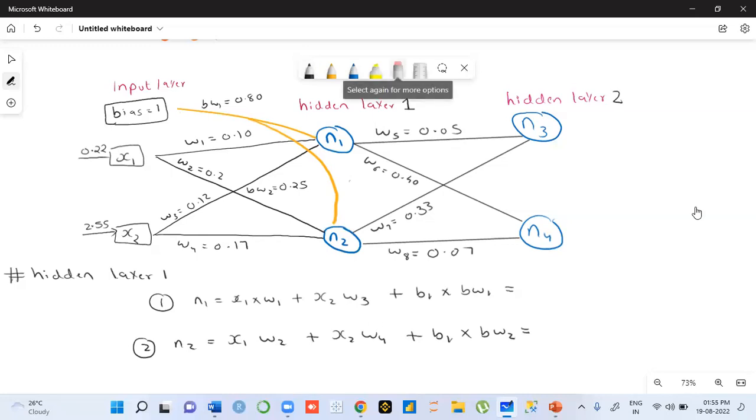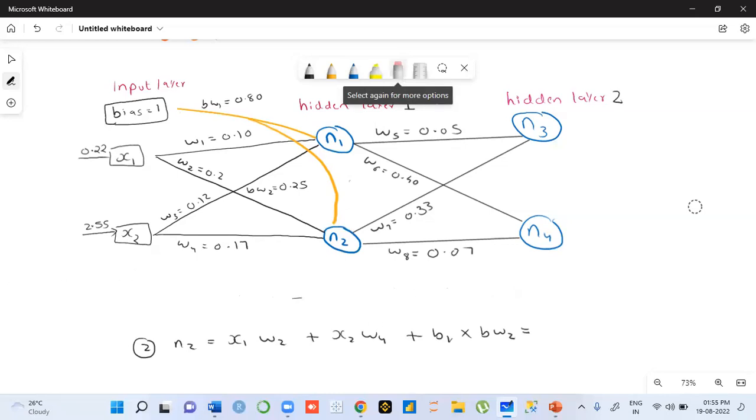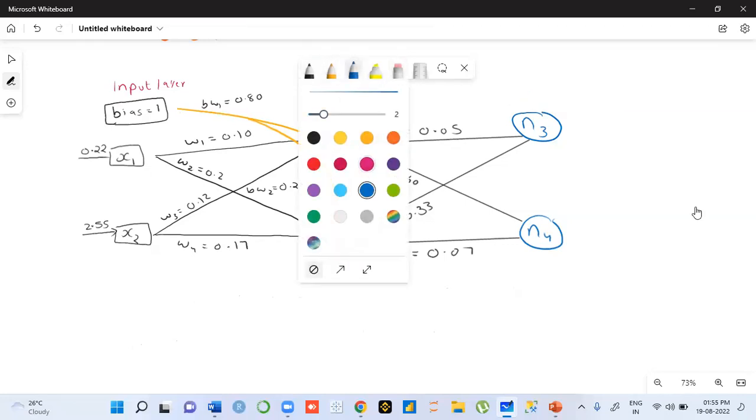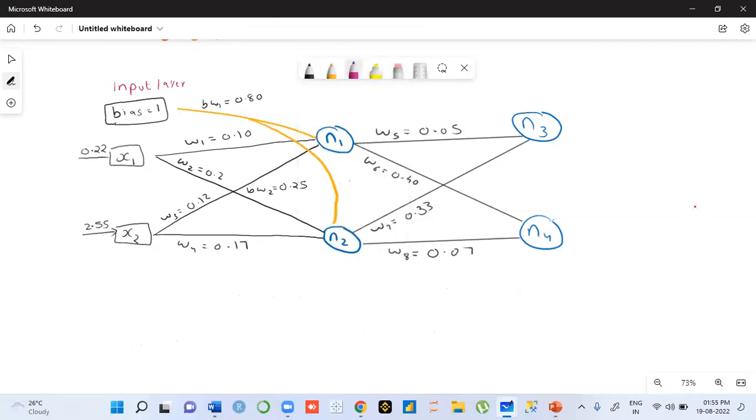Done this one. Okay. Should I erase hidden layer 1 on screen, guys? I'm writing below, okay? The naming ceremony I'm doing below for my convenience. This is your hidden layer 1.